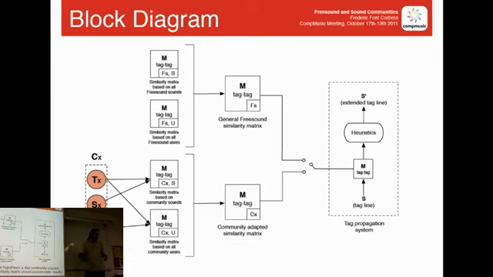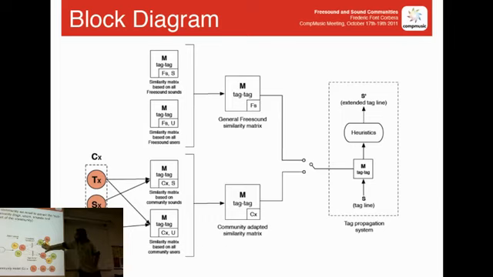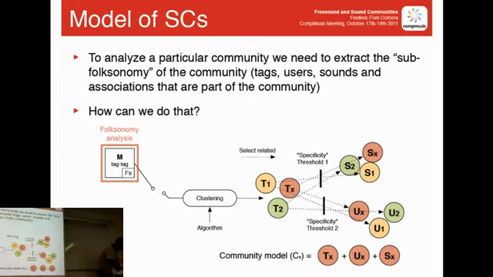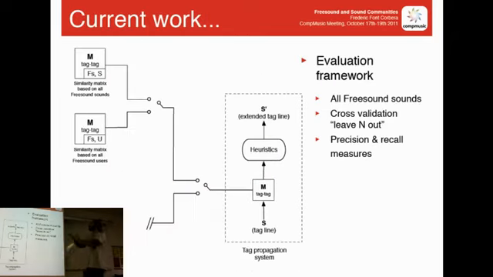So I should get better recommendations using this similarity matrix than using this one, which is general to the whole Freesound. What I've done for the moment is I've been working a bit on this part, but it's still not finished. I'm only working with the whole Freesound. I still haven't done tests with specific communities. What I have is the general structure: a very simple tag recommender with some heuristics, everything very simple that still needs to be tuned.